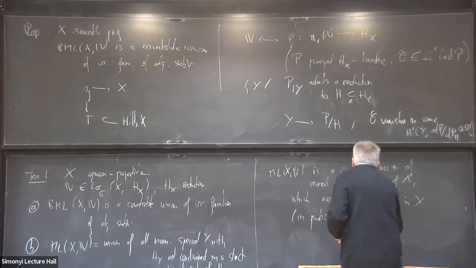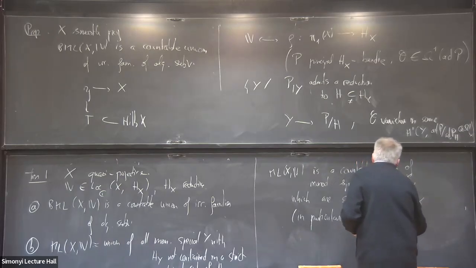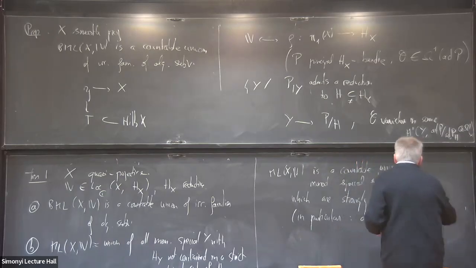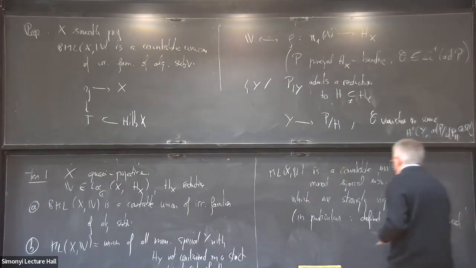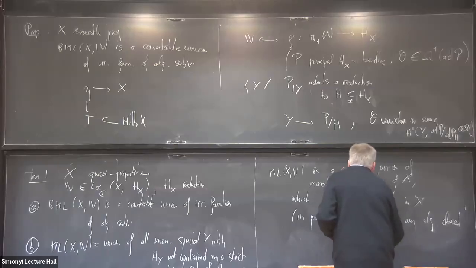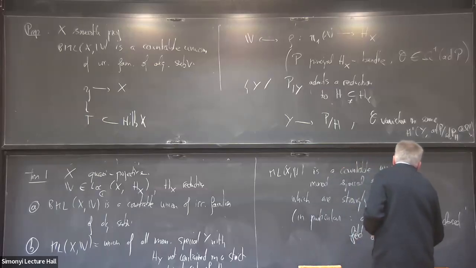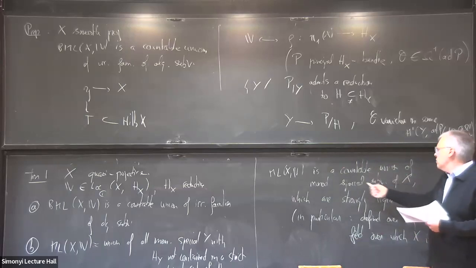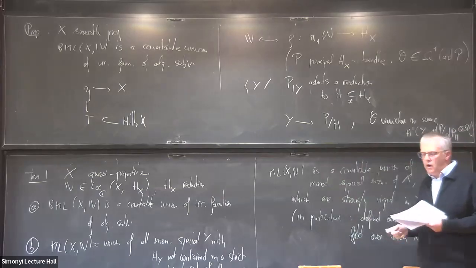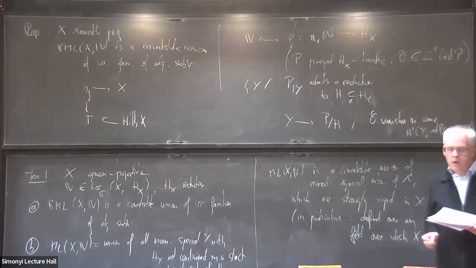So in particular, defined over any algebraically closed field on which X is defined. So in particular, for instance, if you start with an X which is defined over Q bar, and those monodromy special in MLXV, they are also actually defined over Q bar.